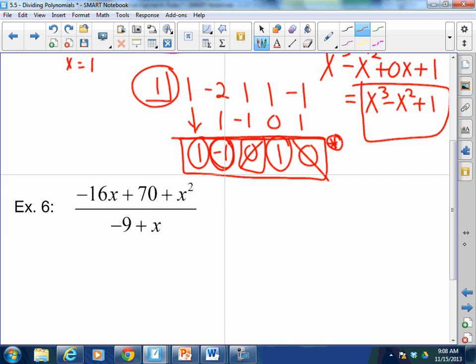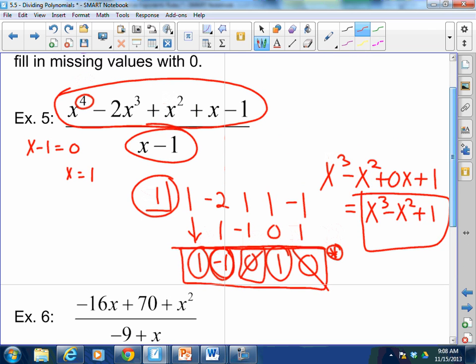Okay? Let's look at the second one. I have negative 16x plus 70 plus x squared divided by negative 9 plus x. Yes? Sorry, but like, how'd you get the x? How did I get that answer? I already told you. You started with an x to the fourth.